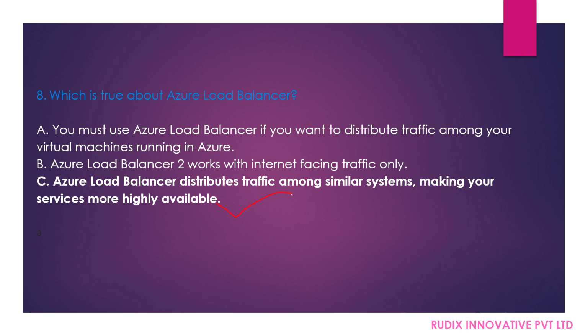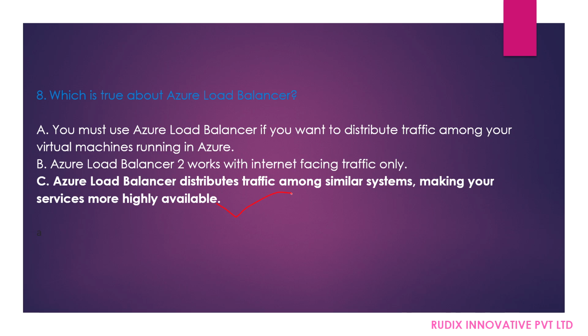Why are A and B not correct? Starting with A: Azure Load Balancer is a layer 4 load balancer that distributes incoming network traffic across multiple virtual machines within the same Azure region based on configured rules and health probes.